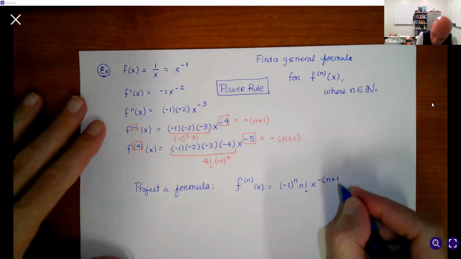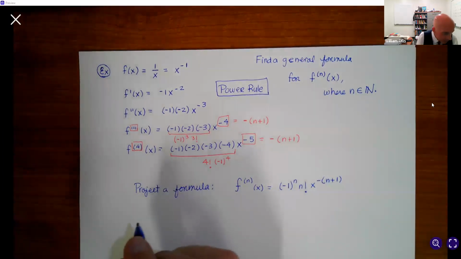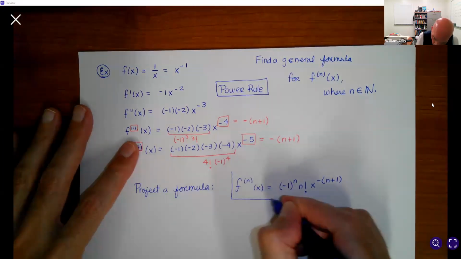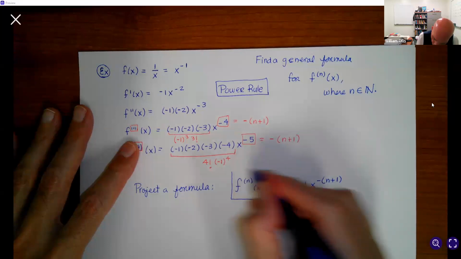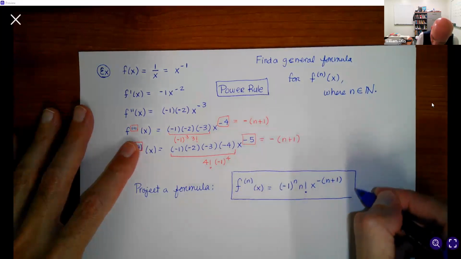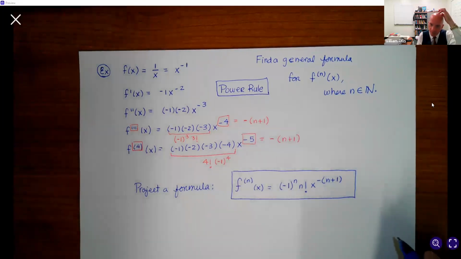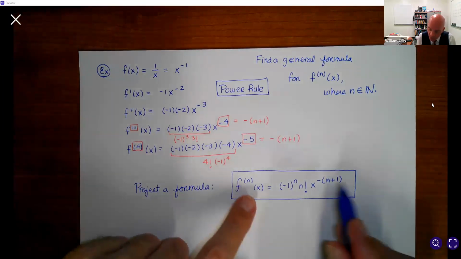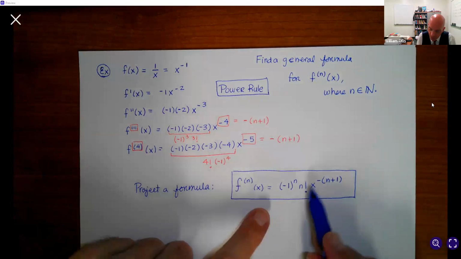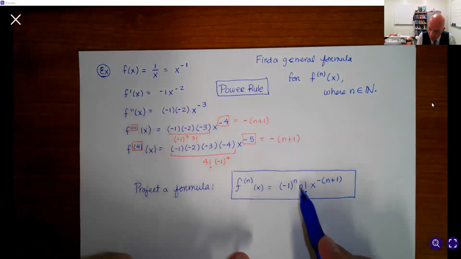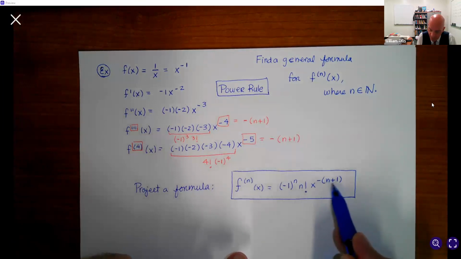When you think about this, what I've written here in my notes is: don't worry about negative powers. If you want to write that in the denominator, you can. When you're asked to actually create a formula, there may be some formatting issues, but now you can see that if we wanted to use this formula for 3, we put in -1 to the third, 3 factorial, and then we've got x to the -4 here.